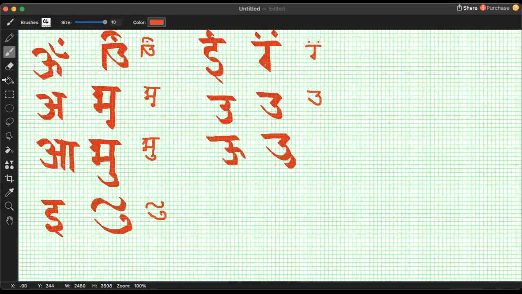This is oo. In the normal pen, how does this look like? Okay, this is oo. So far, we have studied these alphabets.